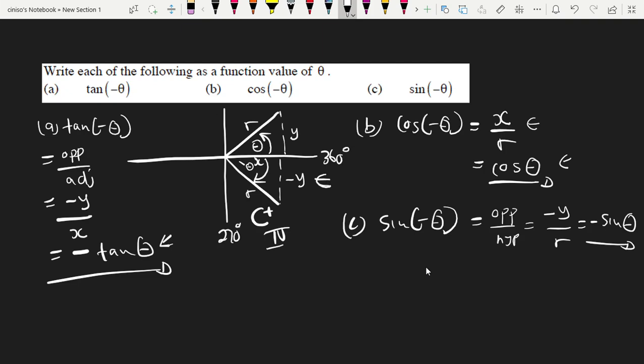And as I said, we are talking of a function or a negative angle that lies between 270 and 360, where only cos is positive. So that is why we are getting negative sine of theta, because all the other trig ratios are negative except for cos. Thank you.